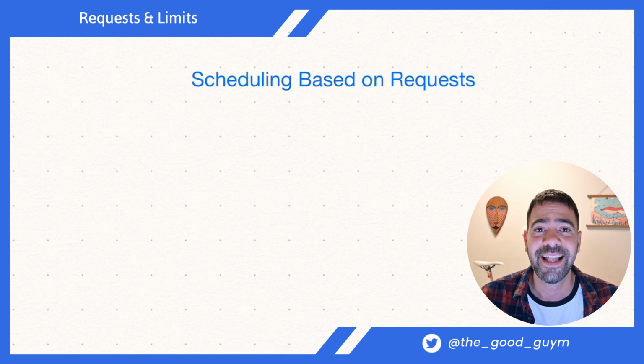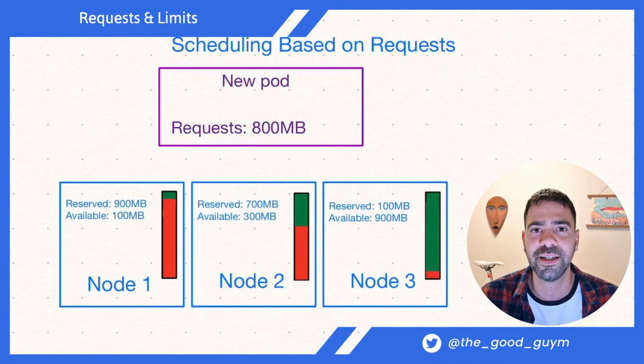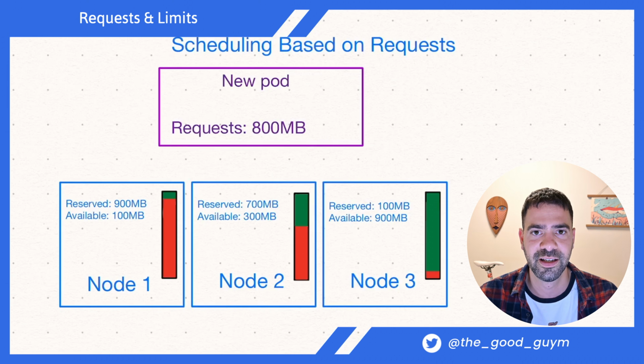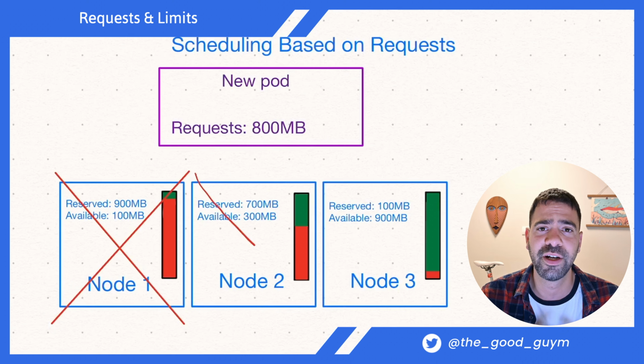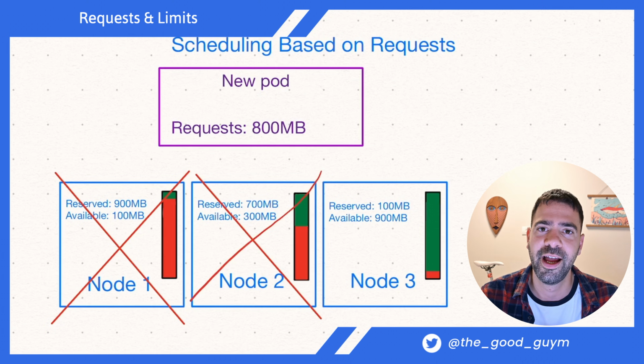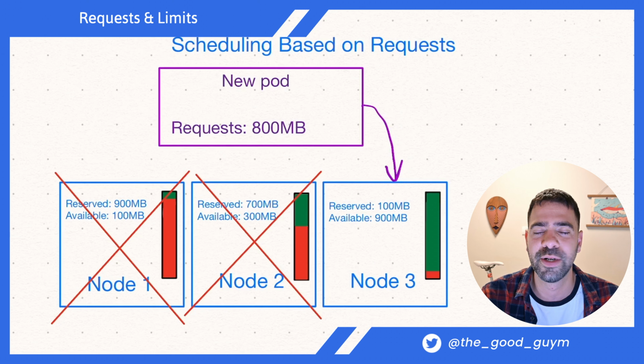When does Kubernetes take the request configuration into consideration? It happens during the scheduling process, when a new pod is created and Kubernetes is looking for a node for it to run on. Kubernetes will check the requested resources, take a look at all of the nodes within the cluster, and find the right one for it. So let's say, for example, that we have one pod with one container and we requested 800 megabytes of memory.